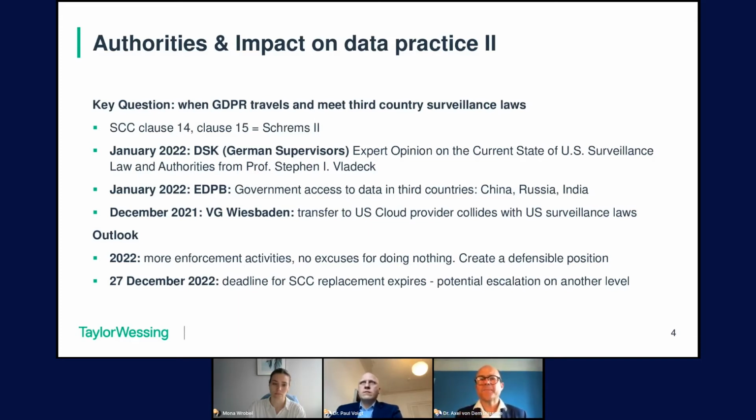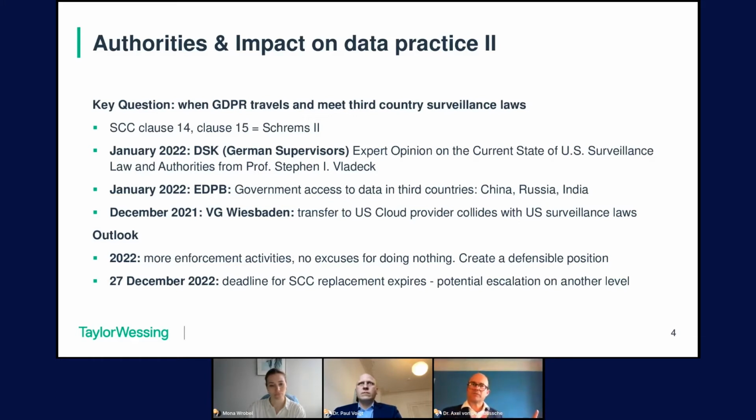And there is another little document from the German data protection authorities where they explain their standpoint on what they call the memorandum of Professor Vladek. They say, first of all, this is the opinion of Professor Vladek. So on the one hand, they say, it's not our opinion.